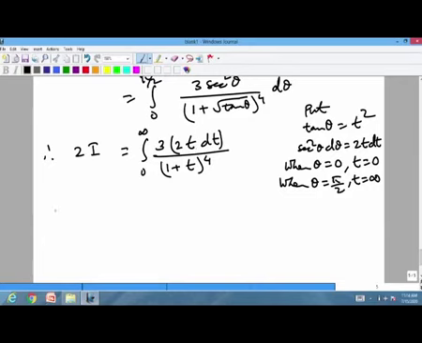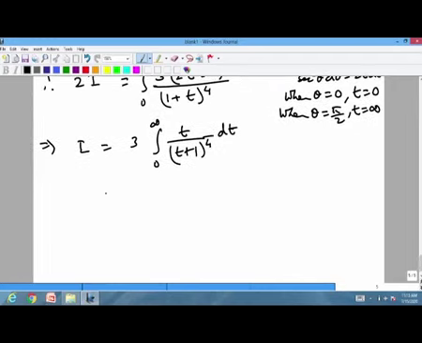So, 2 can be cancelled and this implies I is equal to 3 times integral 0 to infinity t over (t plus 1) raised to power 4 dt. Now, this can be easily done by writing this as (t plus 1 minus 1) by (t plus 1) raised to power 4 dt.